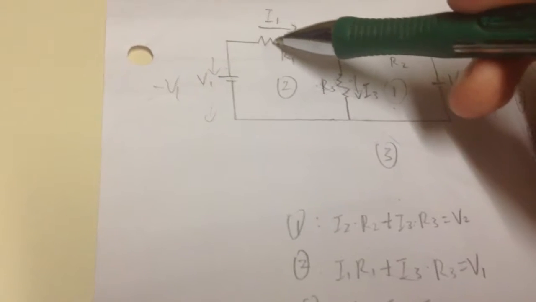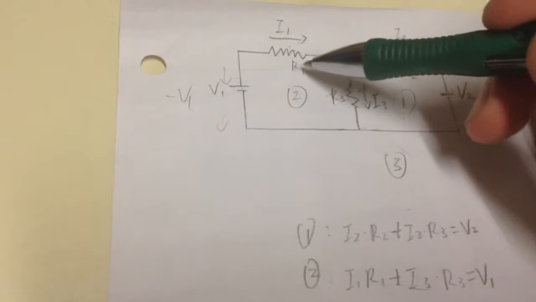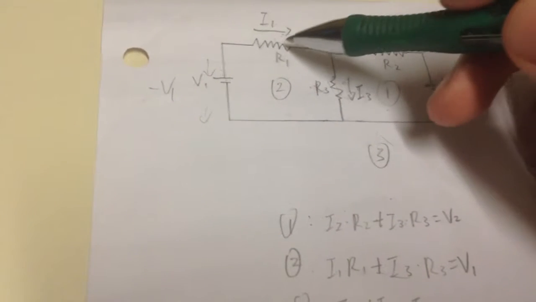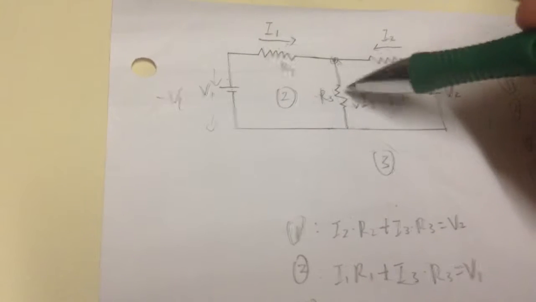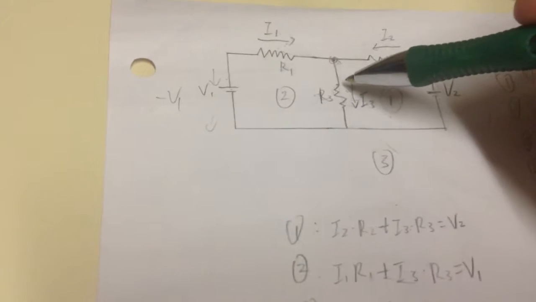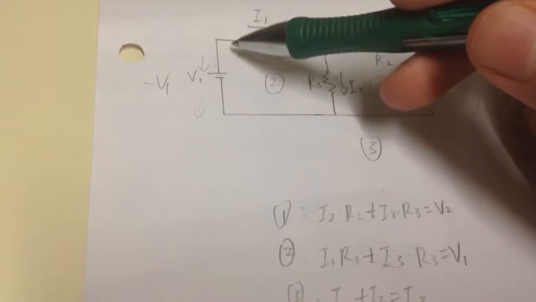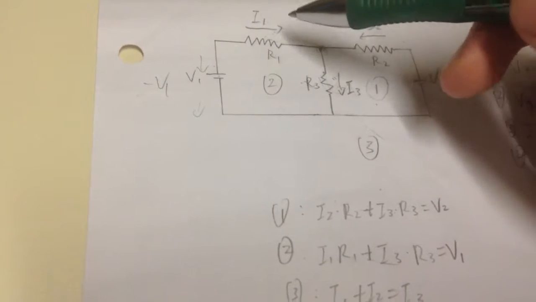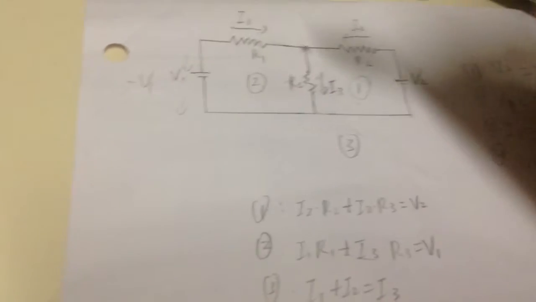The current still has the same direction as we picked, so I1 times R1 is negative. We have to put a negative sign here. And for I3, still the same direction, so I3 and R3 have to be negative also. The whole thing for this loop: V1 minus I1 times R1 minus I3 times R3 equals 0 also.